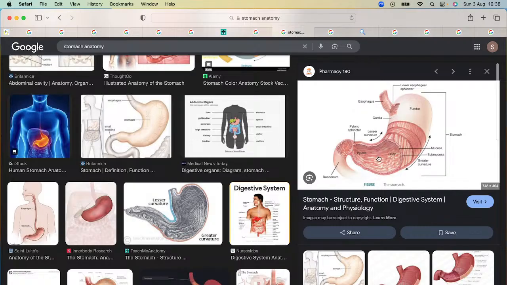I don't think at any point in your anatomy exam you'll have to mention the functionality of the rugae, but just keep that in mind. Okay, so that's an overall picture of the structure, and we also mentioned some of the blood supply that supplies the greater curvature and the lesser curvature of the stomach.